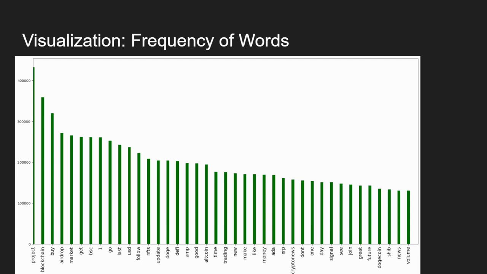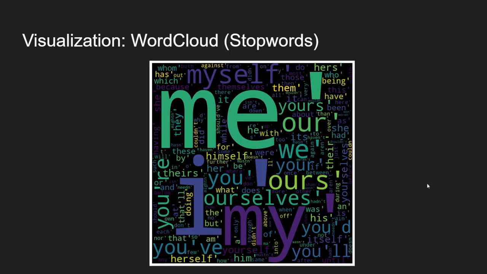trading. But then you have more things that have to do with cryptocurrency itself, like NFTs, altcoin, Doge, XRP, which are all different types of things, as well as just some other crypto and random words in here. So the next visualization, as I was saying, is the stop words.